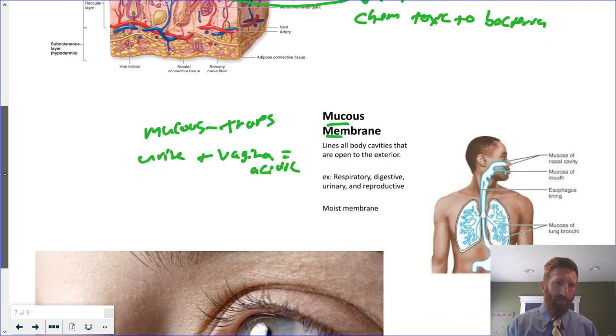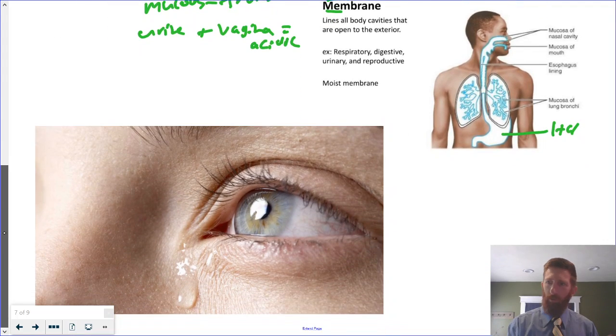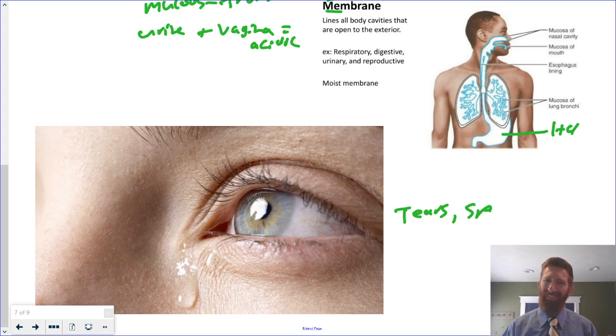And then last of our first line of defense would be tears and saliva. I really don't want to write out saliva, so we'll just say spit. Tears and spit have this chemical in them called lysozyme.